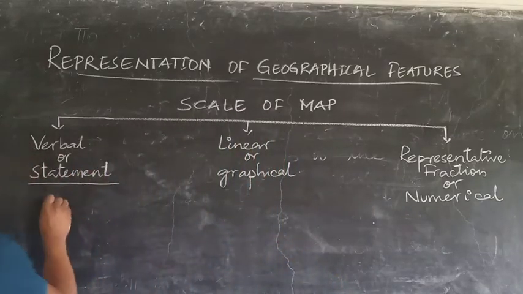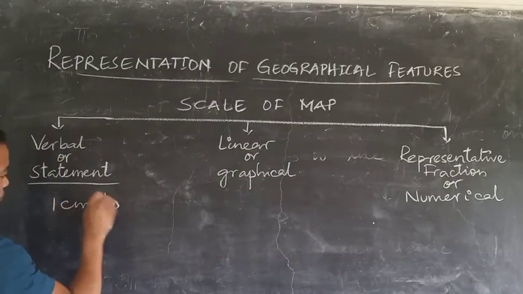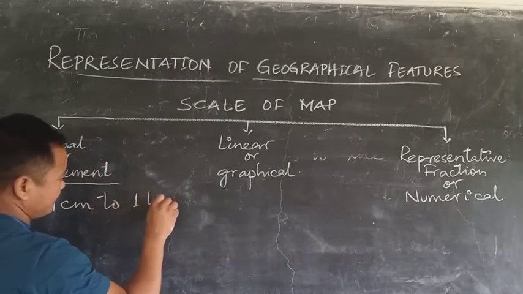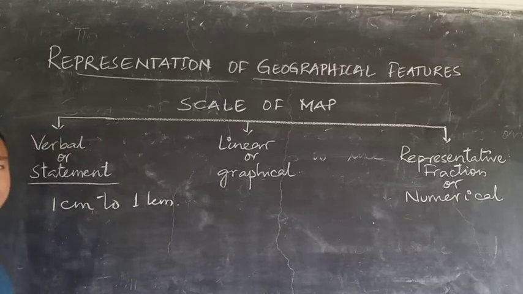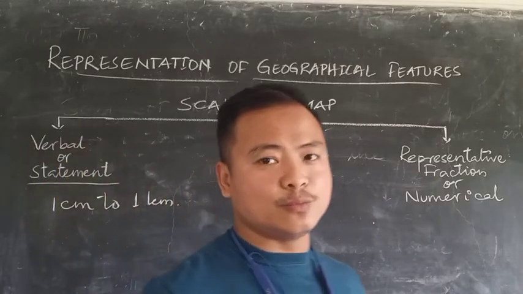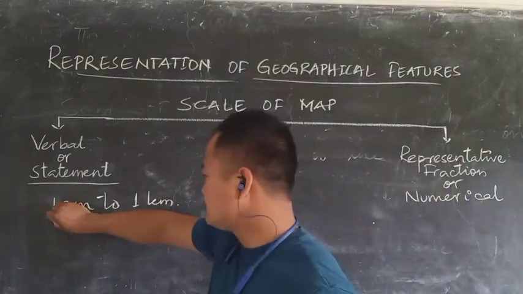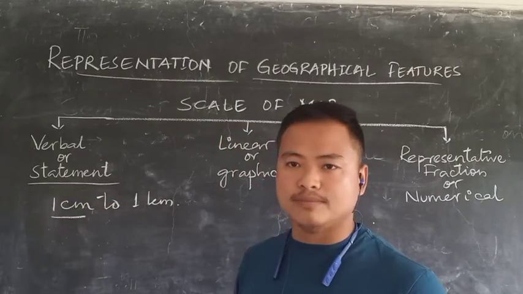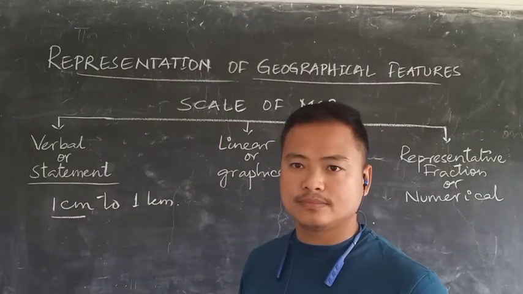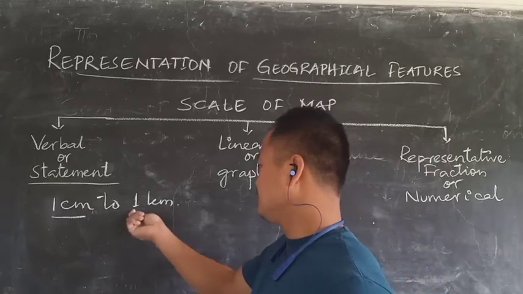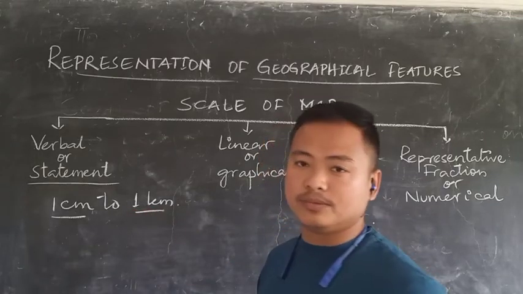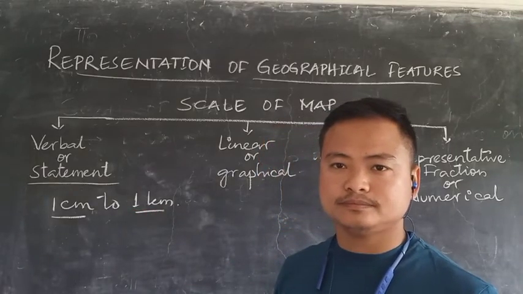It's like we write 1 centimeter to 1 kilometer. Now this is a statement scale wherein it means that 1 centimeter on the map is 1 kilometer on the ground.